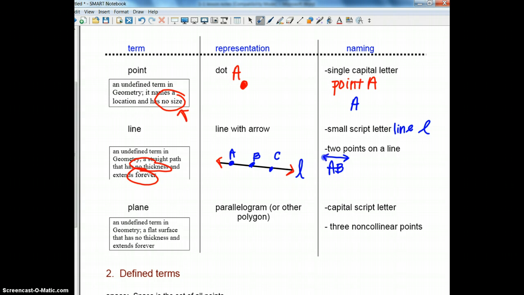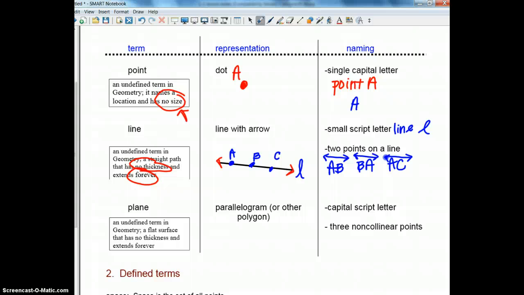And the line symbol also has 2 arrows. I could also name it BA. The order doesn't matter. Or I could use point C and maybe call this line AC. There are many options, but those are all appropriate ways. Use 2 points on the line with the line symbol above it, including 2 arrows.